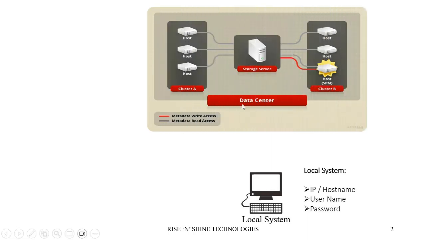That is in the data center, where all the physical hardware has been set up: the storage, networks, databases, with high availability features and load balancing. We don't see this in our local system. That is in the data center.